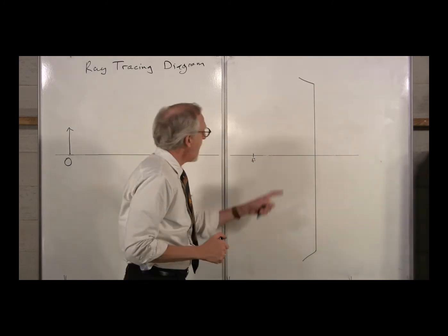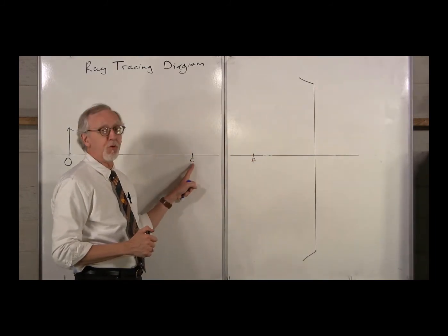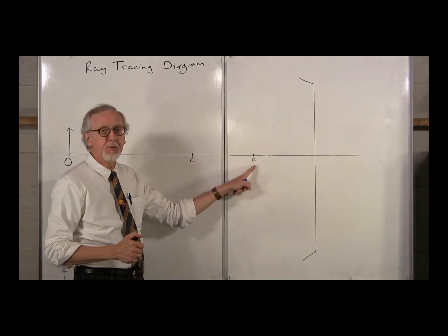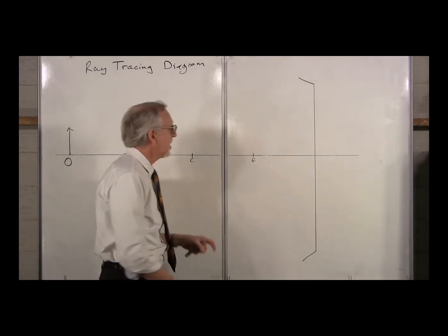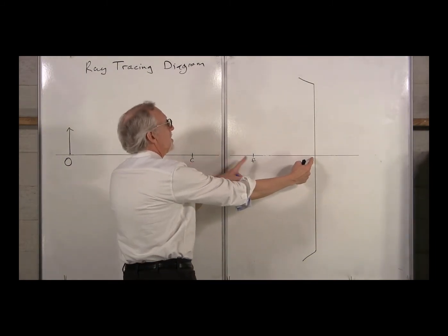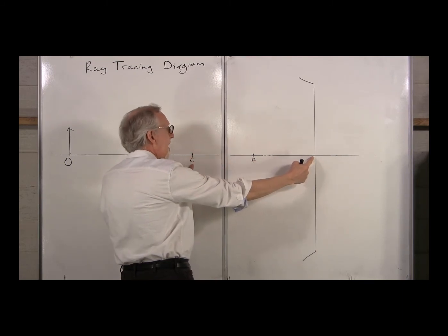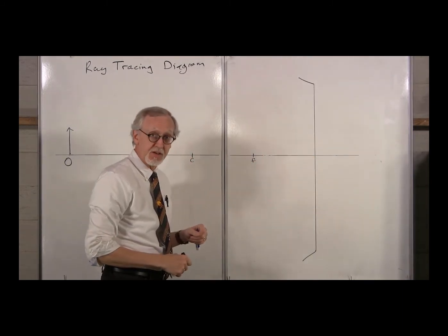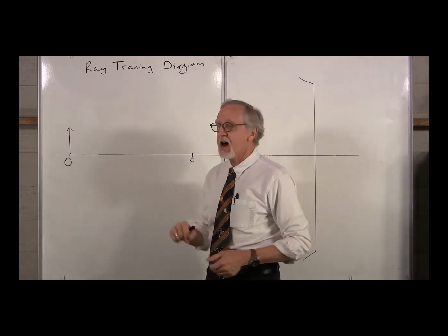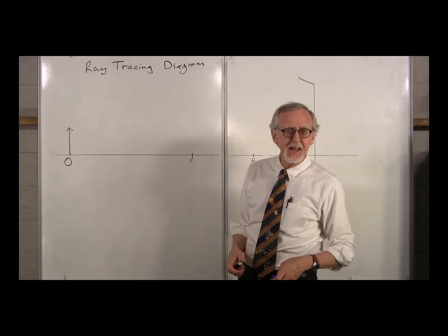I've drawn in the center for the mirror and the focal point, and you should measure these out to make sure that the distance from the mirror to the focal point is exactly 1/2 the distance from the mirror to the center. And I've drawn in an object, and you can put the object anywhere you want.